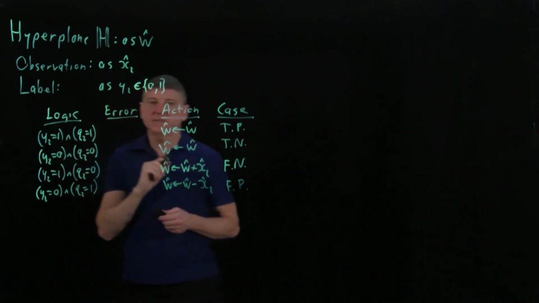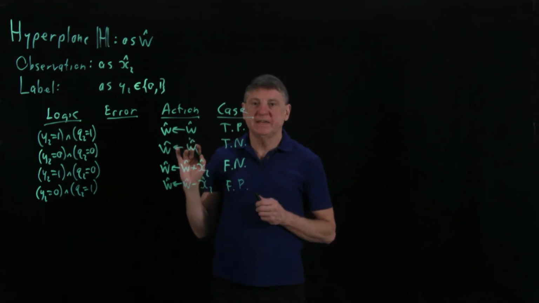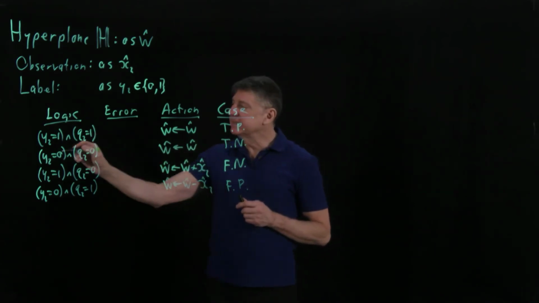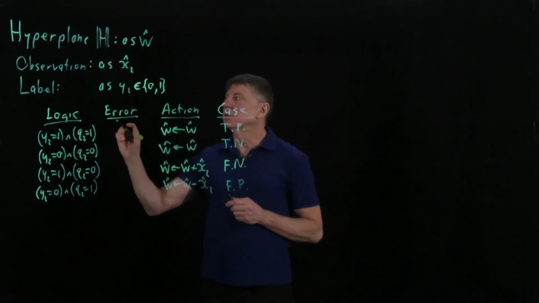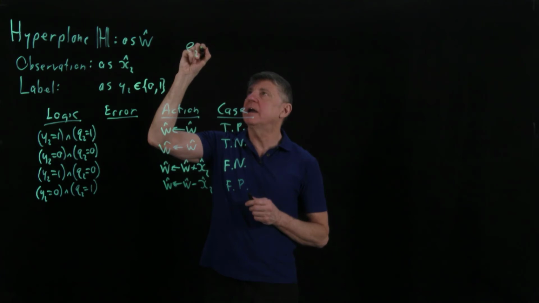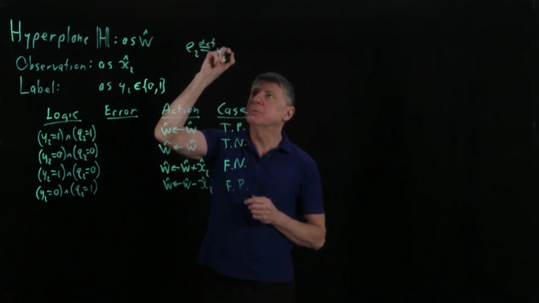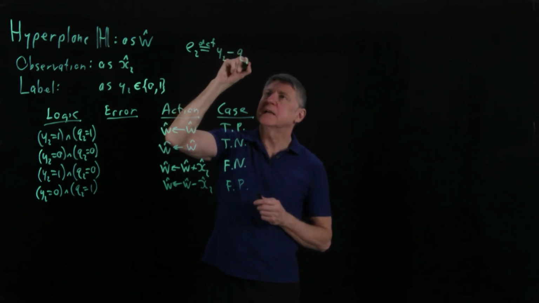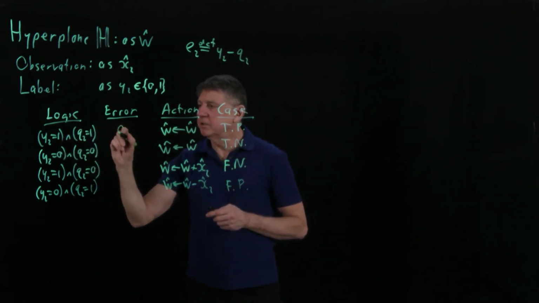What is the error? The error is the label minus the classification. So we will define the error e_i as being the label minus the classification.